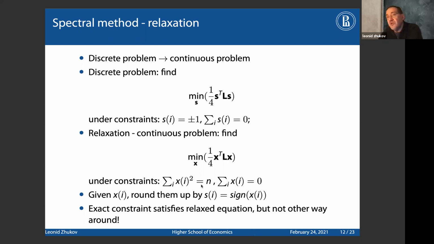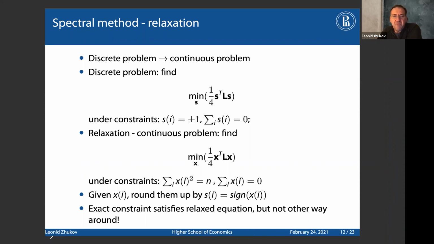We couldn't solve it in integer programming. So the idea is to replace these integers with a continuous variable, replace s's with x, where x values can take any values, not necessarily plus or minus 1, whatever you get there. And then at the end, we can round it up to plus or minus 1. That's called the relaxation process.